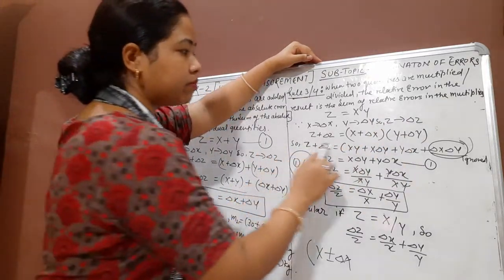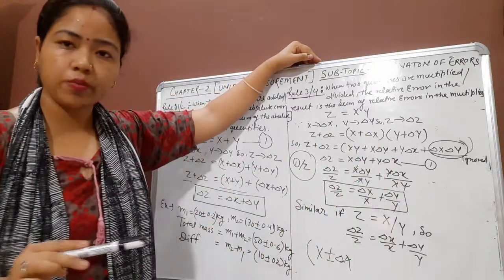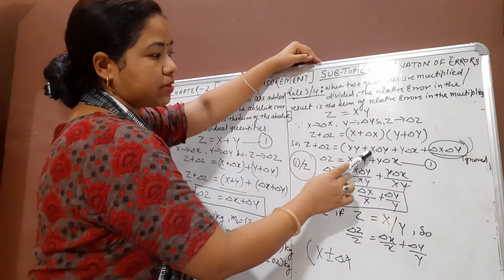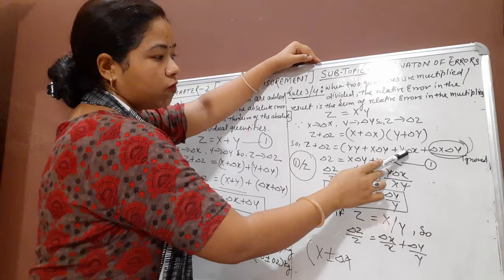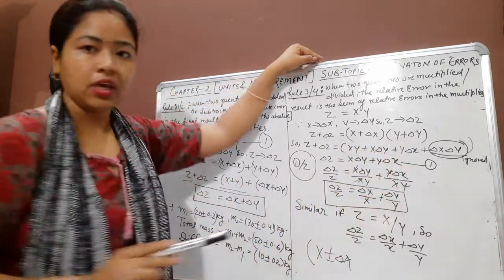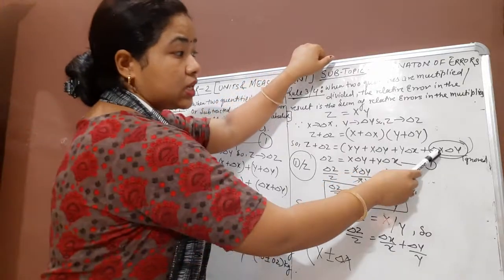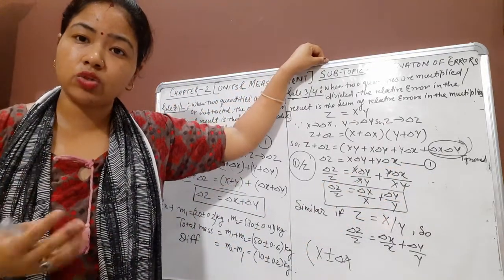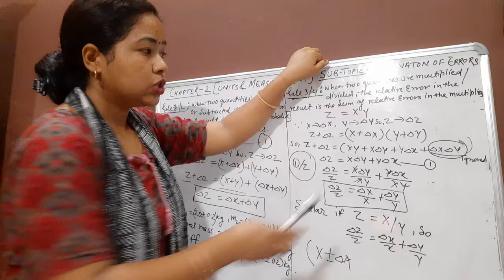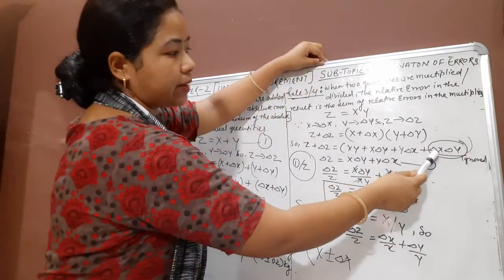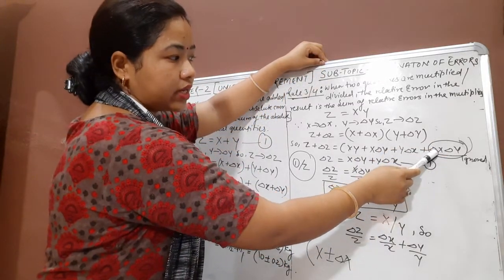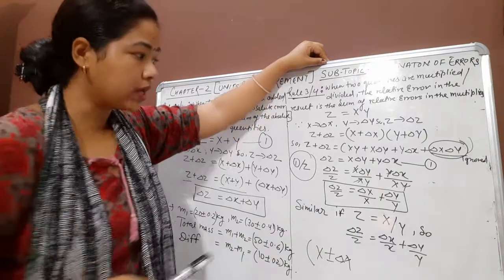Now what will we do? We will multiply these two brackets and we will get xy plus x delta y plus y delta x plus delta x delta y. Because absolute errors are very small values, the product of these small values will be ignored. That means we will ignore the product of delta x and delta y, right?